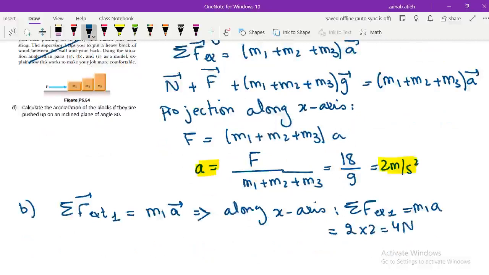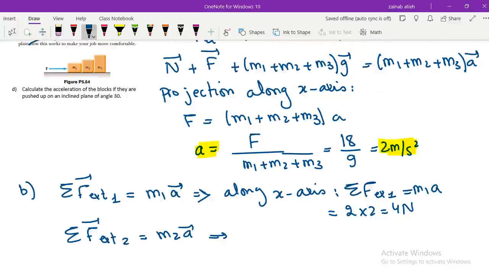If I'm going to do the same for block 2, sum للF external on 2, it's equal to M2A. I'm projecting only along x-axis because the forces along y-axis have a sum of 0, so they are not to be considered. I'm just calculating numbers.